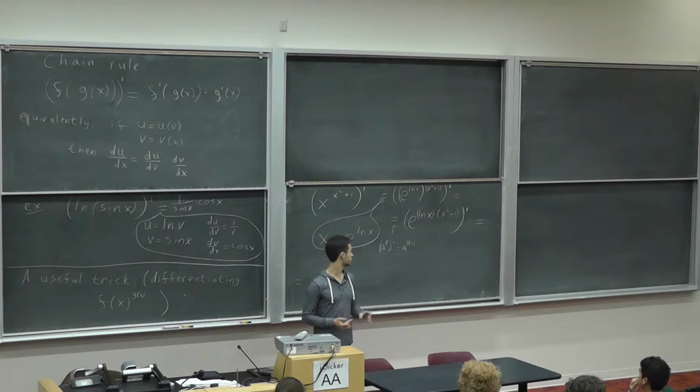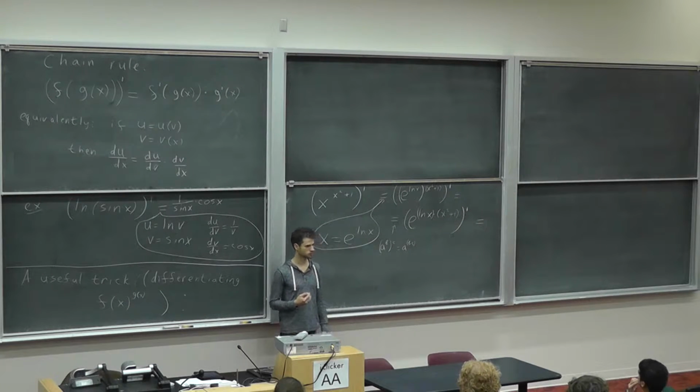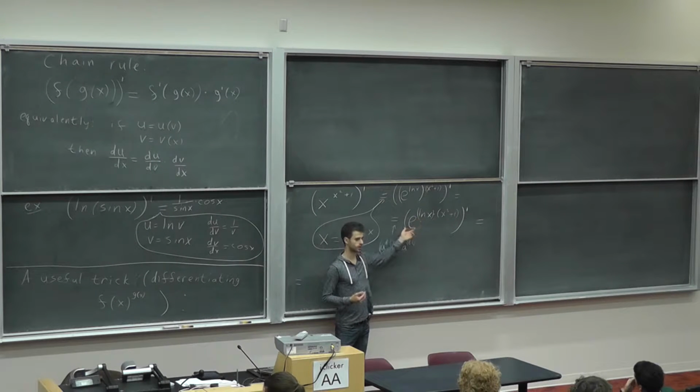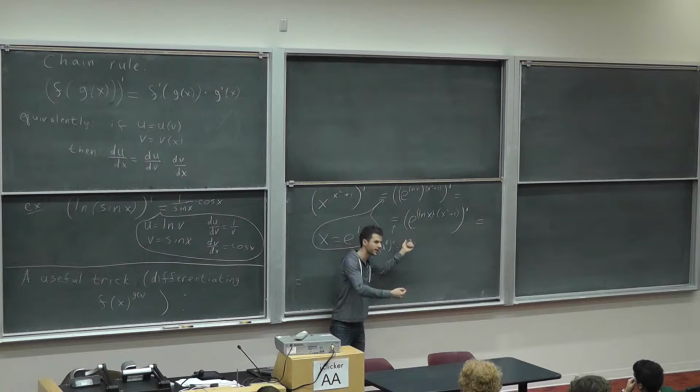Product rule. So this is the last operation that we are computing here, the product. What is the last operation? E to the power, yes. But it's not just e to the power x, it's e to a complicated expression.